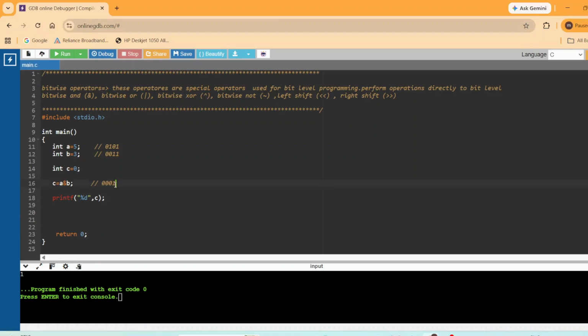In decimal, this is 1, right? So we will run this, and we get output 1. So a and b means if both bits are 1, then only we will get 1. Otherwise, 0.